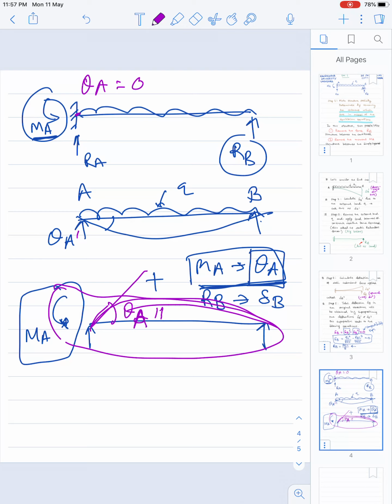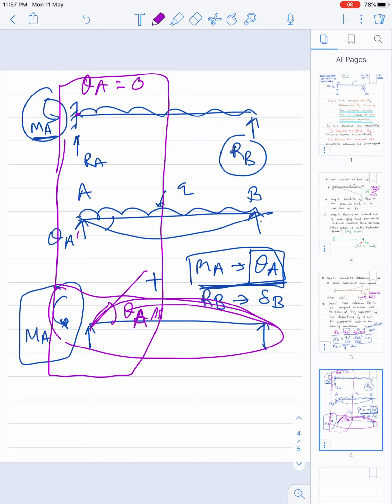By superposing these rotations at support A, if you consider the clockwise direction as positive and counterclockwise as negative, you get theta A dash minus theta A double dash is equal to 0. Actually this is nothing but theta A in the original structure.